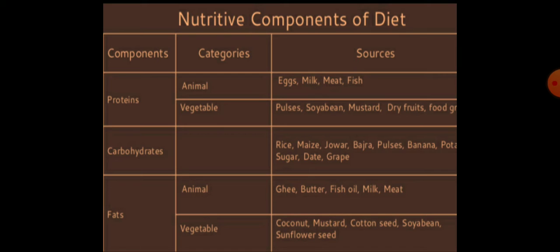So carbohydrates are the energy providing food. So sources are rice, maize, jowar, bajra, pulses, banana, potato, sugar, date and grape. Fat.